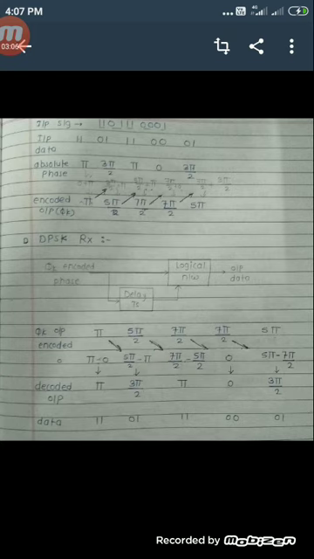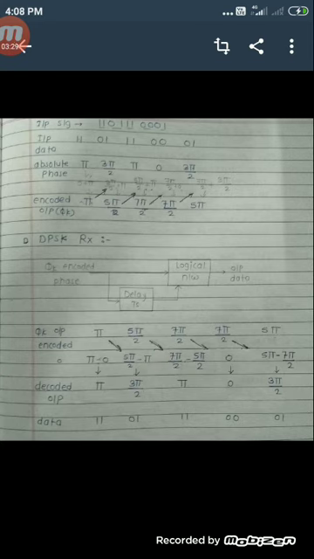So according to this, we have to encode the output signal, where phi k is the output of the differential phase shift keying transmitter. For the first symbol, the absolute phase will be pi, so that will be considered as the present phase.